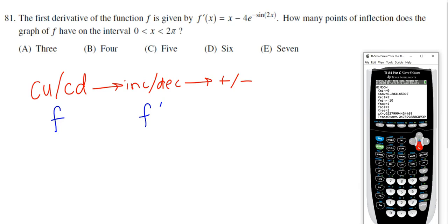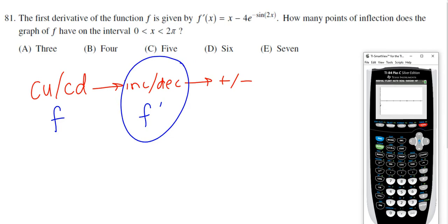And we, again, here are going to need to see, okay, when do we change from increasing to decreasing? So why don't we start with negative 10 to 10 on the y's, and we can adjust if we need to. So let's graph. I see a change there.